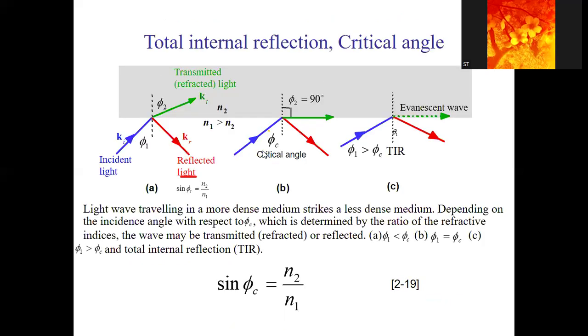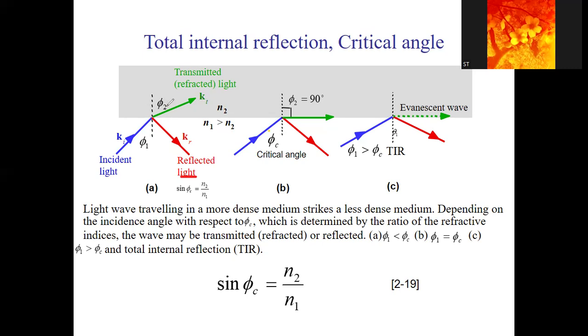Now next, total internal reflection. Till now we have seen reflection and refraction. Now what is total internal reflection? Here you can see three different diagrams. In the first diagram, the incident light is incident at the material boundary and enters the second medium.